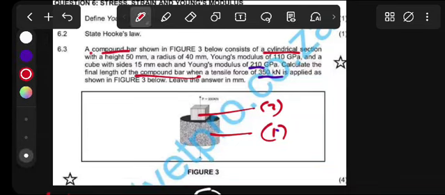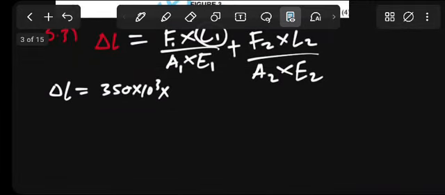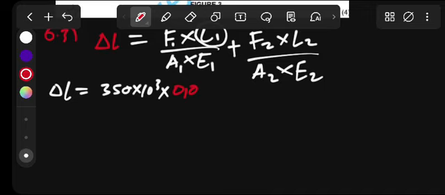They've told us that the length of the silica section, the height, is 50 millimeters. That is the same as 0.05, divided by the area.